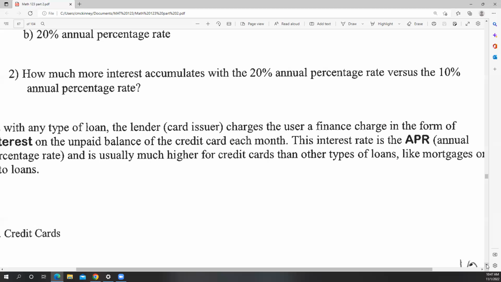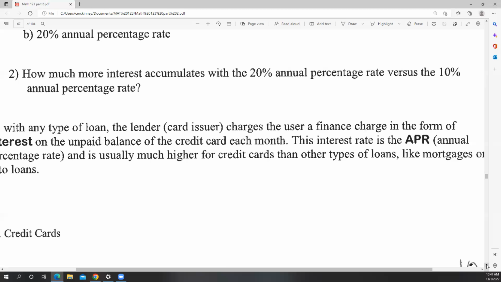They're not. So credit cards are what's called unsecured. There's no collateral. Your house, your car, those are collateral. Most credit cards, unless you're just starting out and they require you to keep a bank account or something, are unsecured.